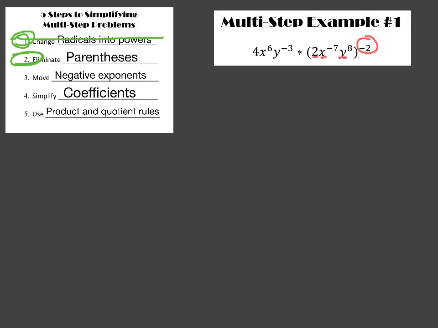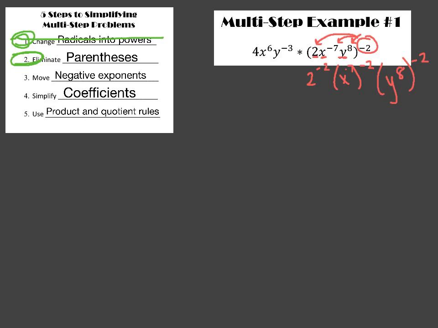Okay, so I'm taking -2 and putting it on the 2. I already had x to the -7, and I'm going to put the -2 on that. And I already had y to the power 8, and I'm going to put the -2 on that. Well, you'll notice, I didn't really get rid of my parentheses yet, so I have to do some more simplifying.